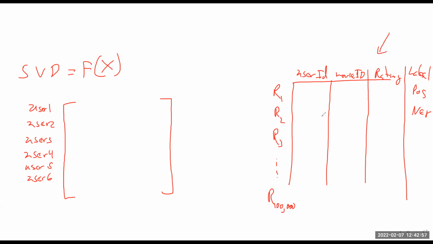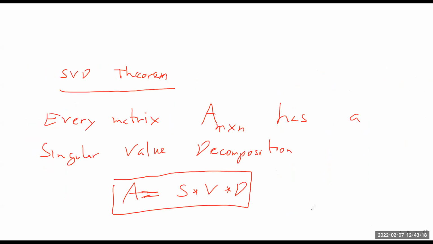So you brought up a very interesting thing: for us to use singular value decomposition, we do have to take data that looks like this and transform it into another format. But the theorem still holds in theory. Every matrix m by n has a singular value decomposition.